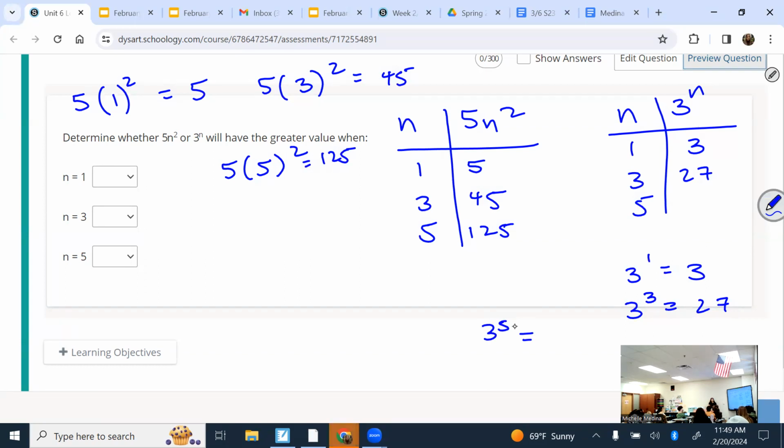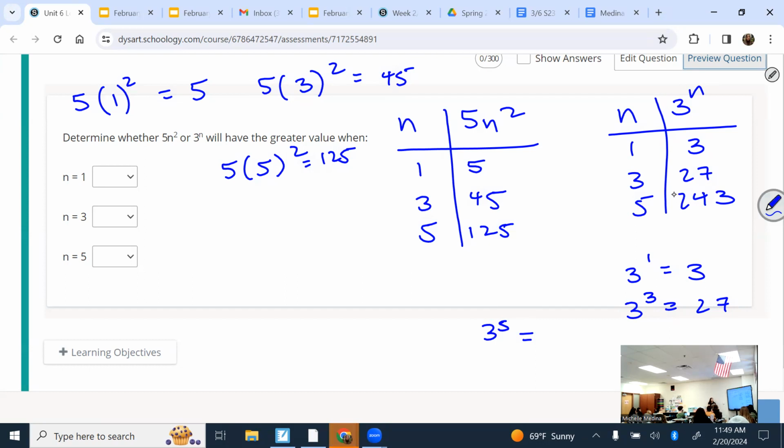I got 243. Okay, good. So we got all the values, you have to calculate the output when the input is these numbers, and now we're comparing.